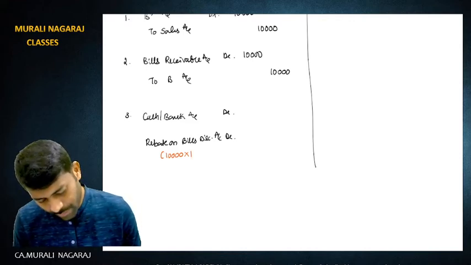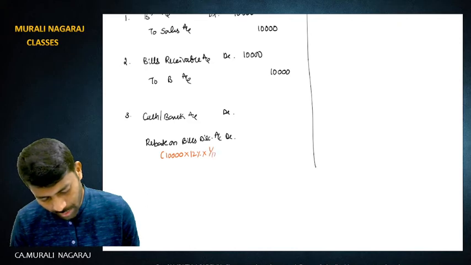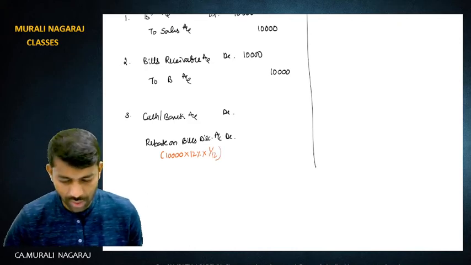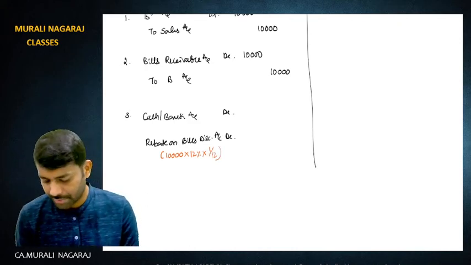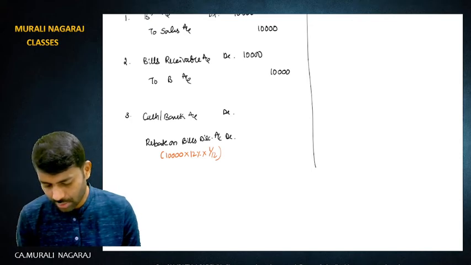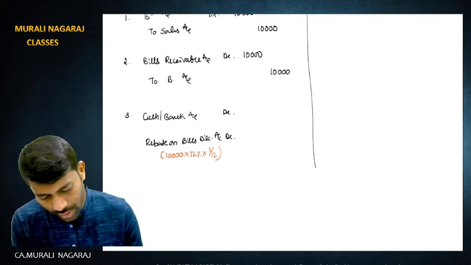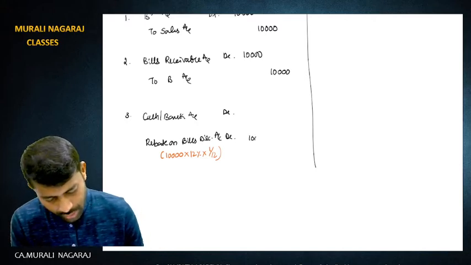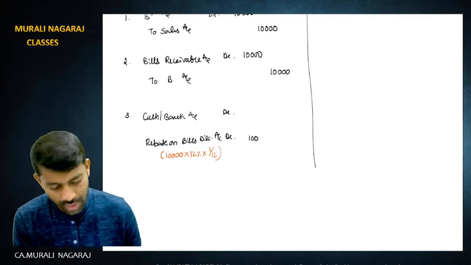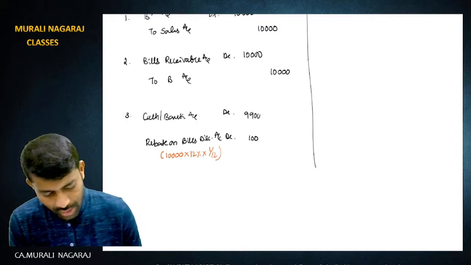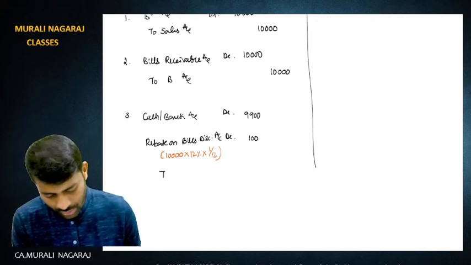So 12% into 1/12, that is 1 month interest, which is 10,000 into 12% into 1/12, which is 100 rupees. 100 rupees is the interest, so you have to allow him that as a discount. Therefore 9,900 you are going to receive in cash, to bills receivable account.